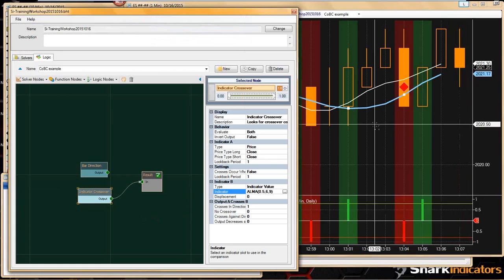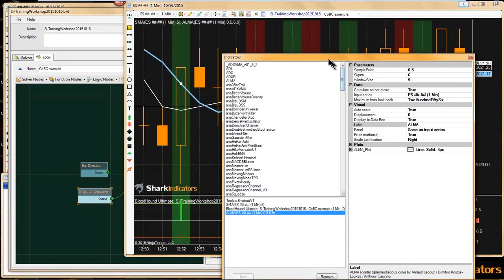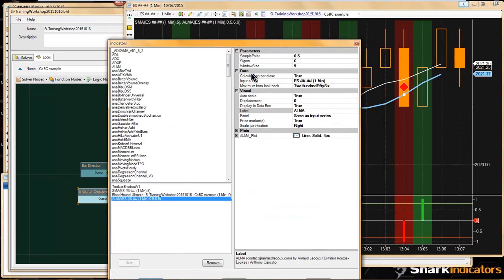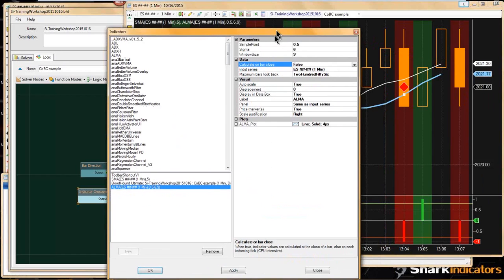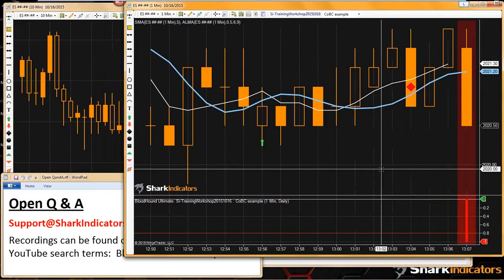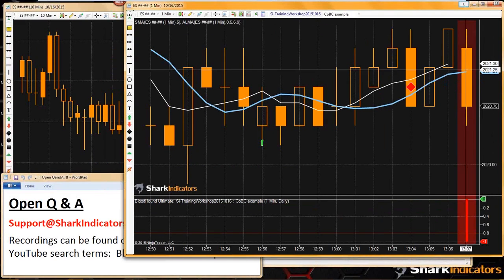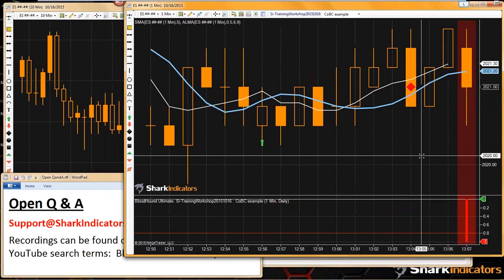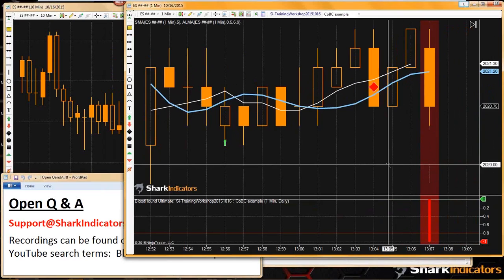Let me adjust the ALMA indicator. I'm going to also turn calculate on bar close to false as well. The bar just crossed that ALMA, so you can see we're getting a short signal there.